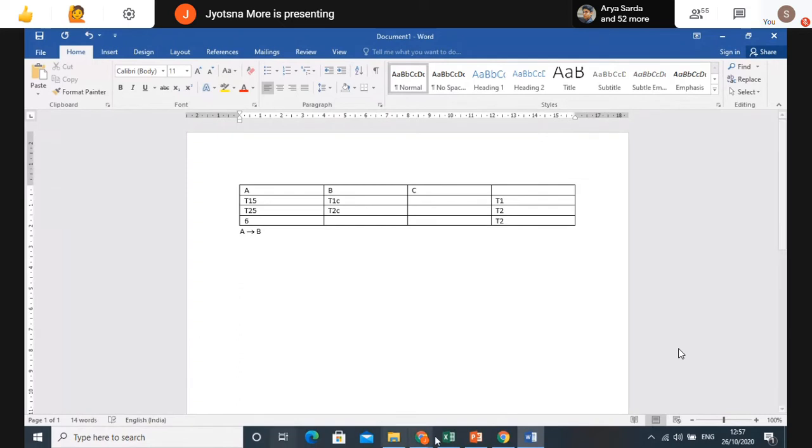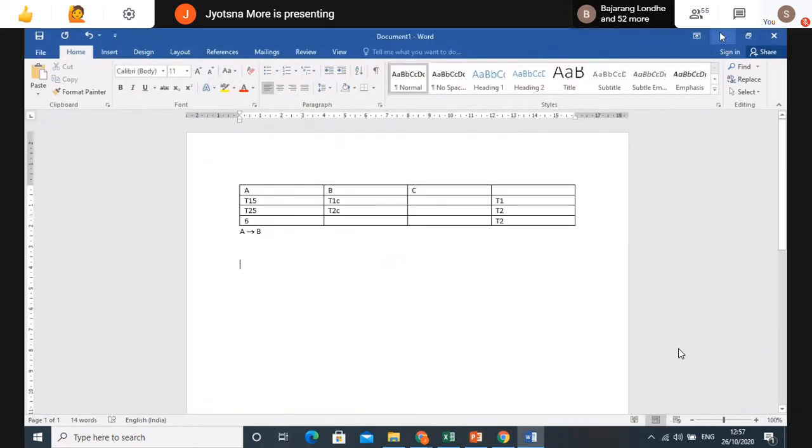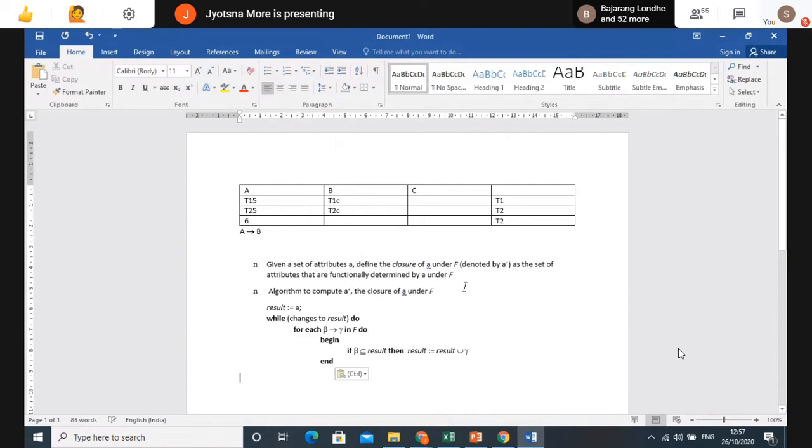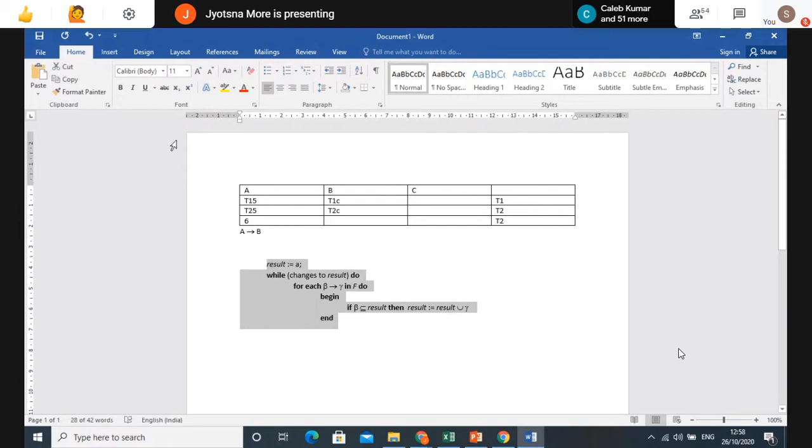What happened? 26. Yeah, I don't require this. I require this algorithm so that you can understand. You can see this, or I need to increase the font size.